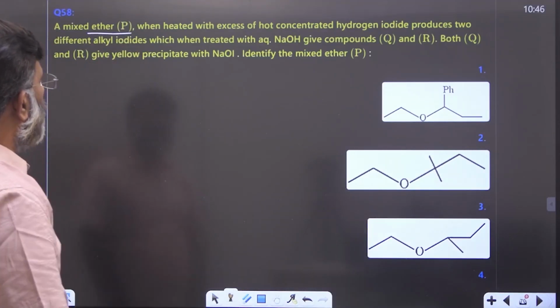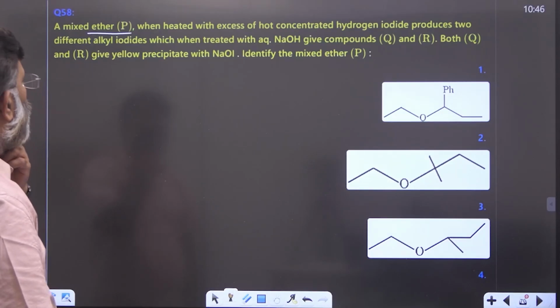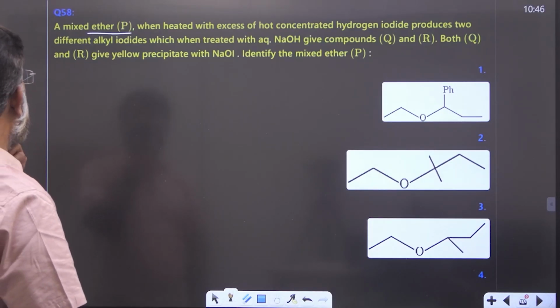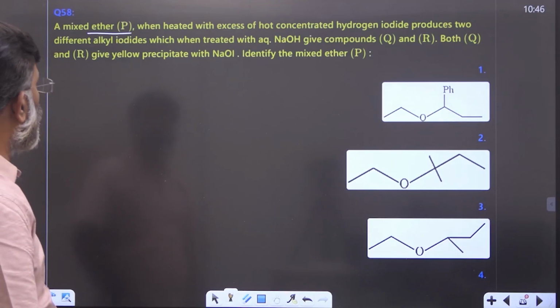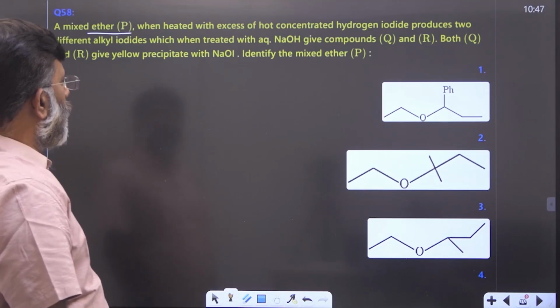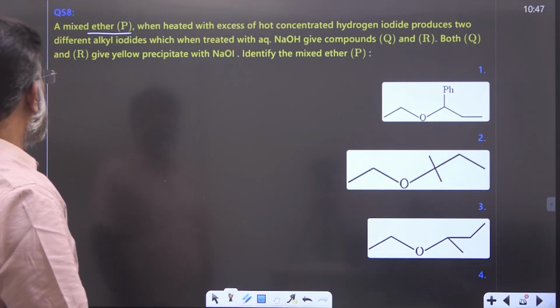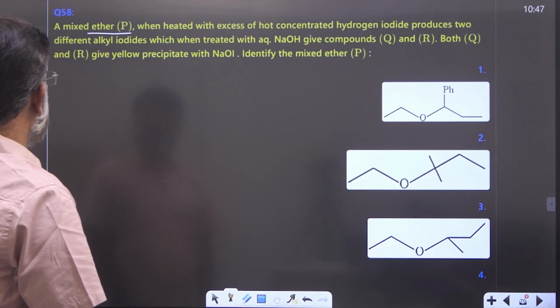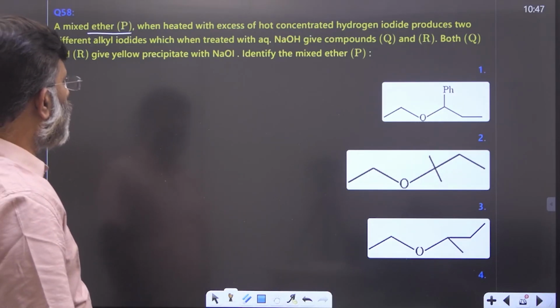When heated with excess hot concentrated hydrogen iodide, it produces two different alkyl iodides, which when treated with aqueous NaOH give Q and R. Both Q and R give a yellow precipitate with NaOI. Identify the mixed ether.